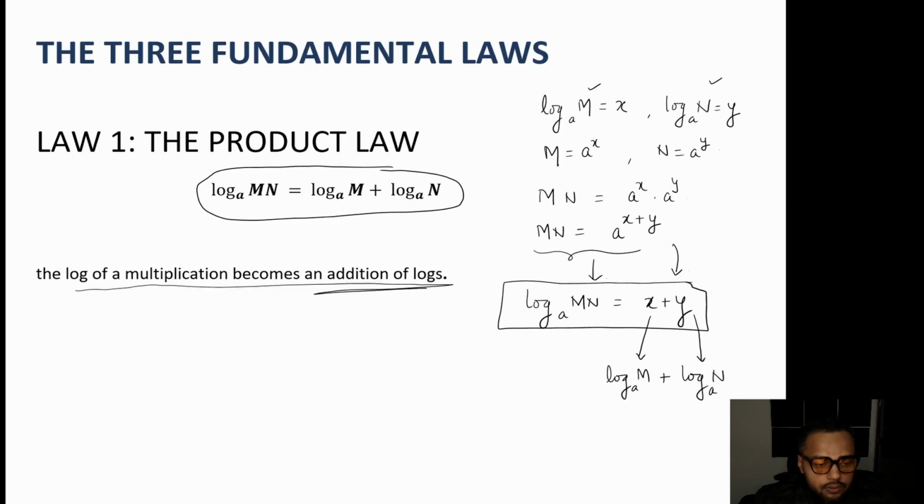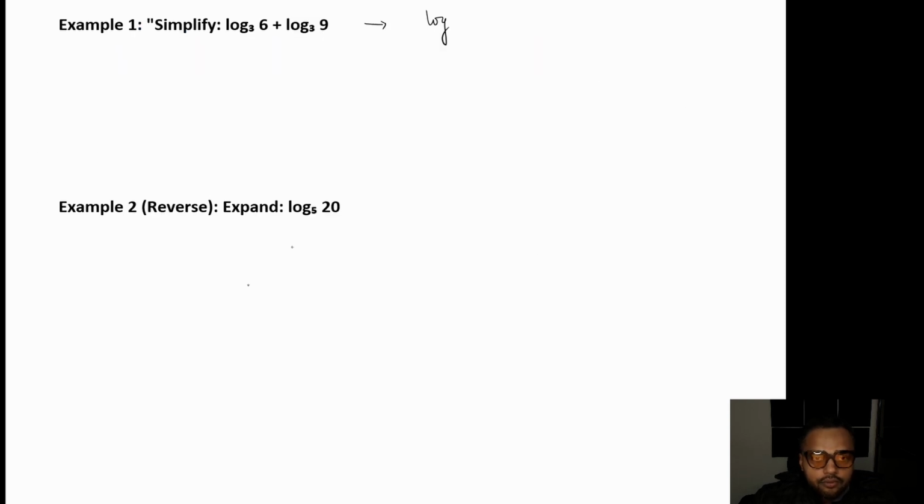Okay, students, let's move to the next example. I've taken two examples for you. In this first question, we will apply the product law. They have given log base 3 of 6 plus log base 3 of 9.